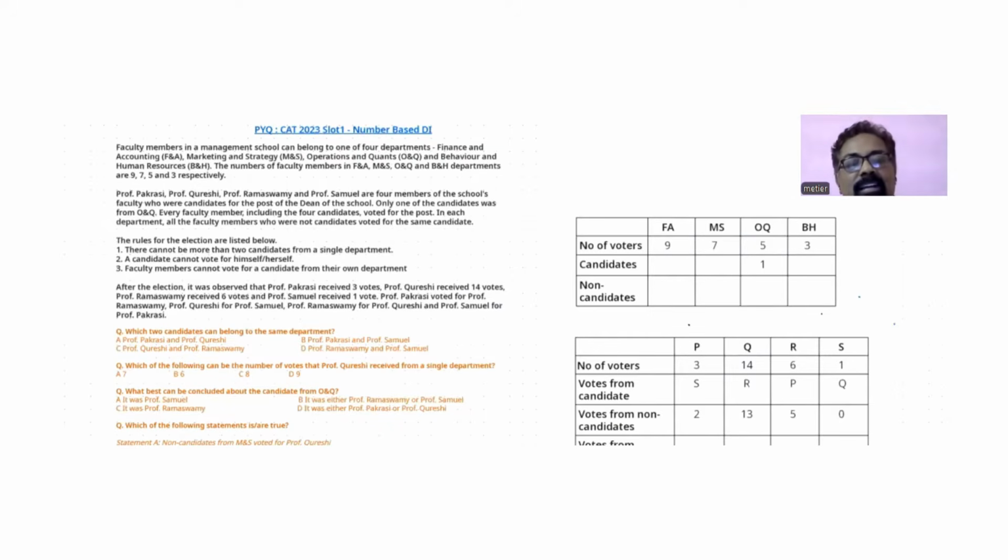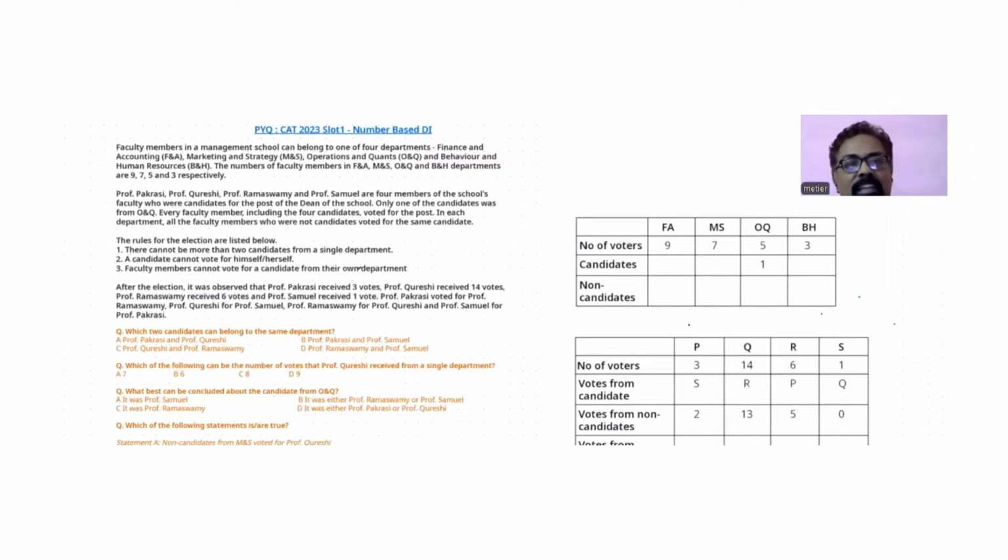Next, faculty members cannot vote for a candidate from their own department. Means if there is more than 1 candidate in one particular department, for example, P and Q are from one particular department, then P cannot vote Q, Q cannot vote P, right? If P can vote Q or Q can vote P, they cannot belong to the same department. That is the very important information here.